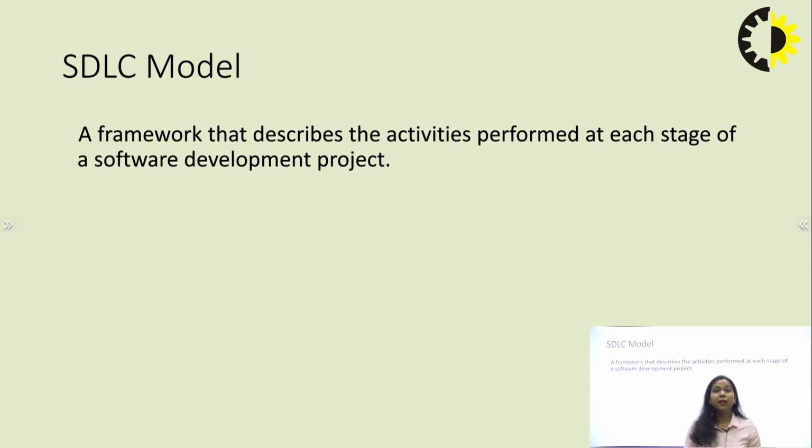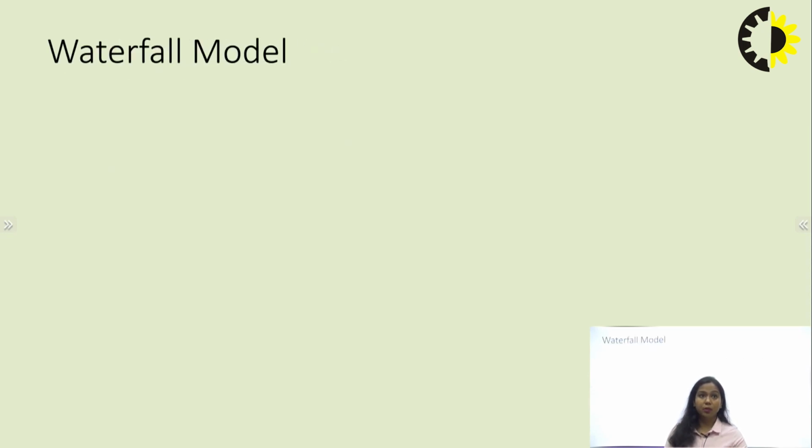That means the complete protocol needs to be defined, and if you follow that protocol, you reach the complete CMM level and get a mature software. So the SDLC is a framework that describes the performed stages of software development. It gives you a prototype of the complete definition of how software development is done, and the project will be developed in this standard process only.